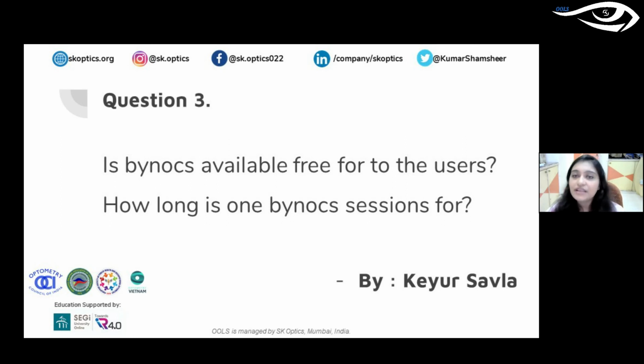I can check whether they've selected their amblyopic eye, whether they've done the therapy properly, whether they left the therapy in between, and whether the activity was properly completed. You can come to know through the report section.